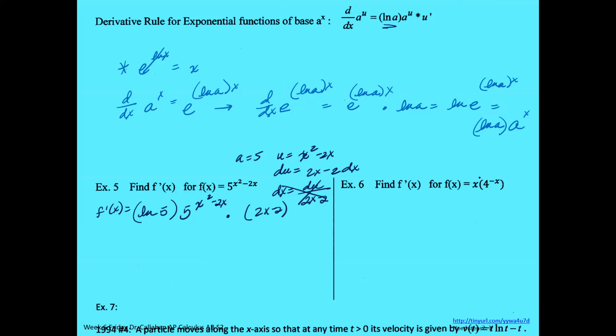So in this case, we're going to do a little bit of a product rule. Then your f is going to be x, f prime is 1, g is equal to 4 to the negative x.